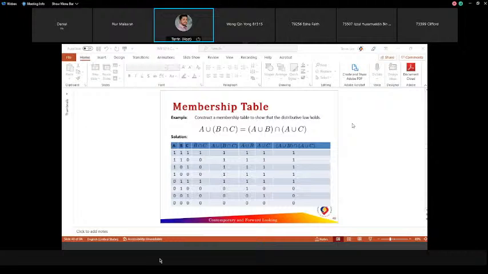So representing a set membership table is done in the same way. We look at using zeros and ones and the relationship between different set relationships.